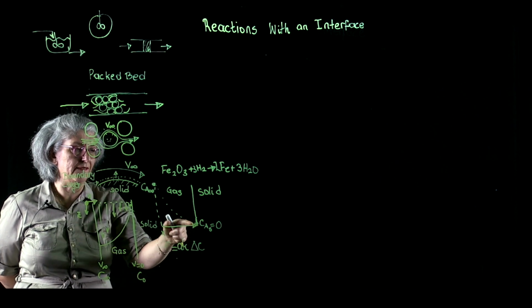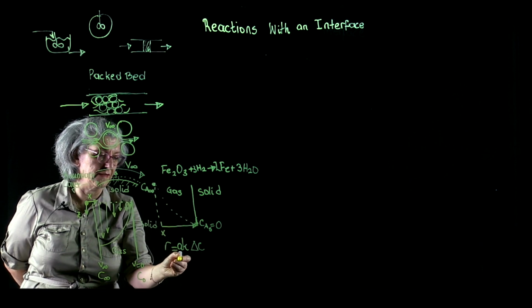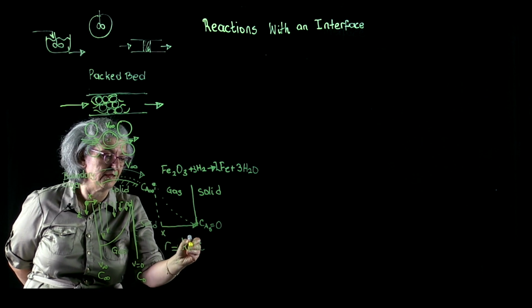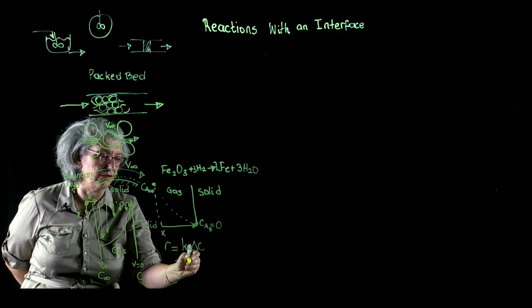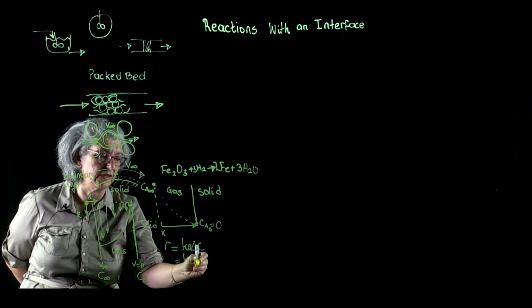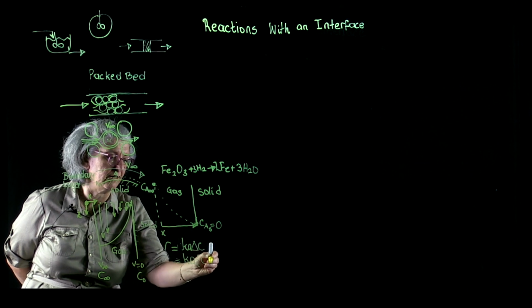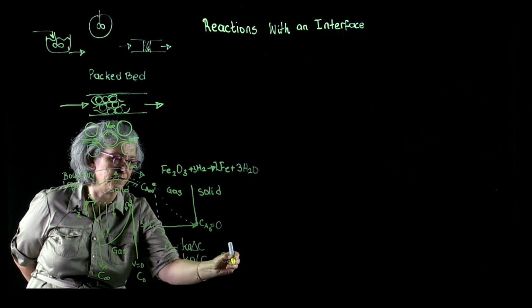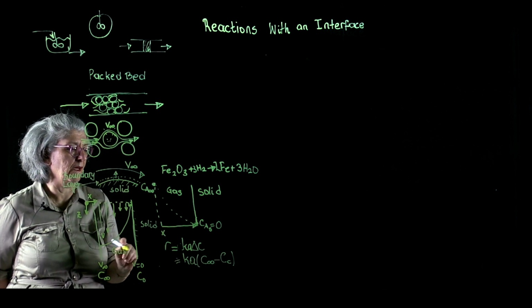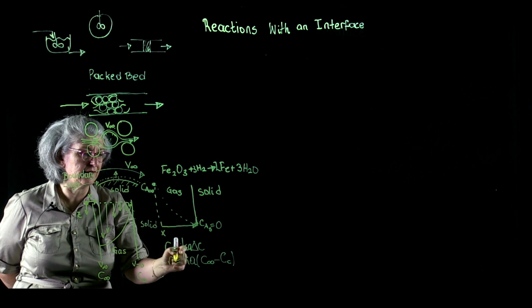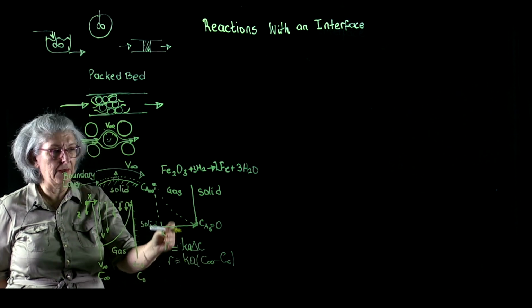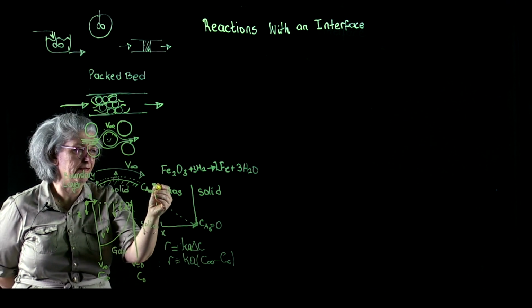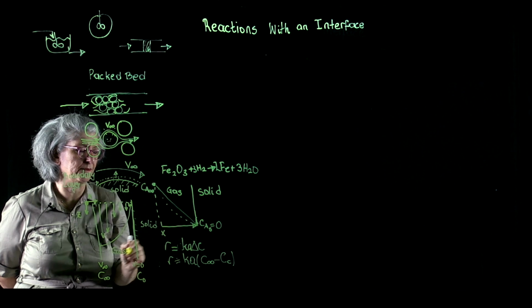So we have defined, I should write K times A to be loyal to the convention, C infinity minus C surface. So when I write this rate as such, my concentration is going to have a flat profile.